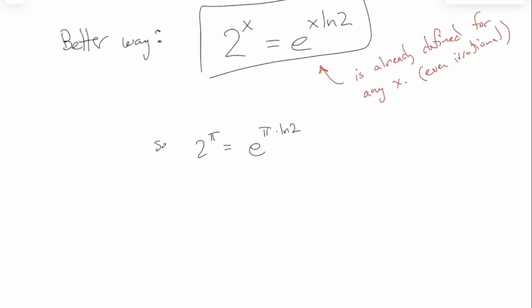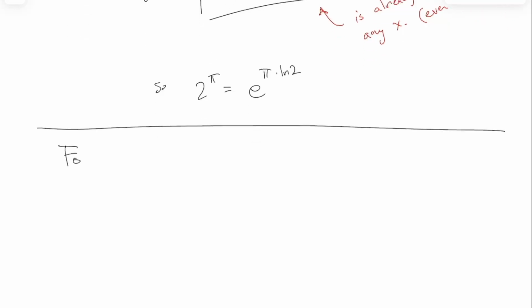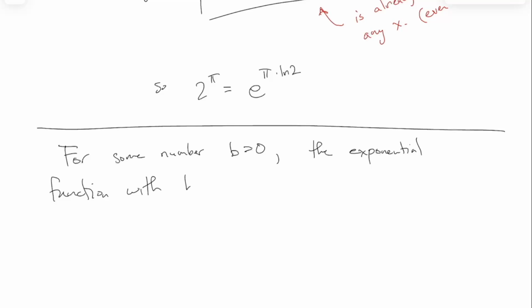All right, so this is an exponential function. I'm going to say this more specifically here. For some number b greater than 0, b is going to be the base. The exponential function with base b is defined in this way.